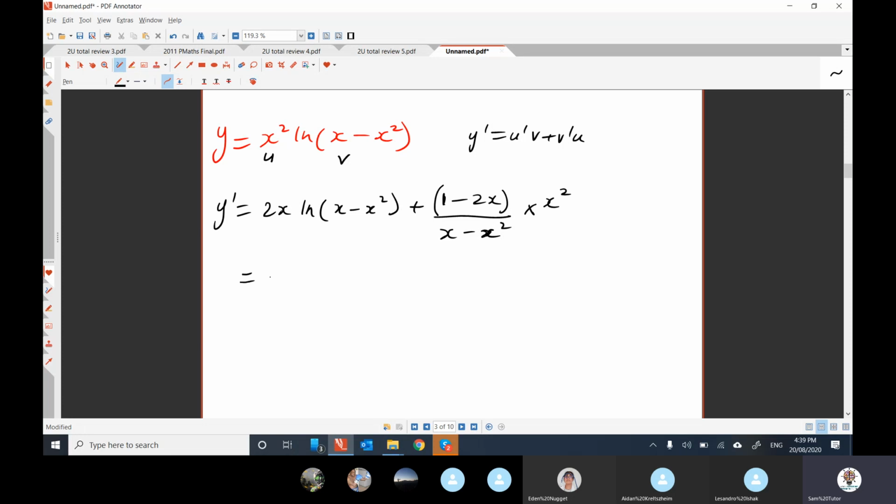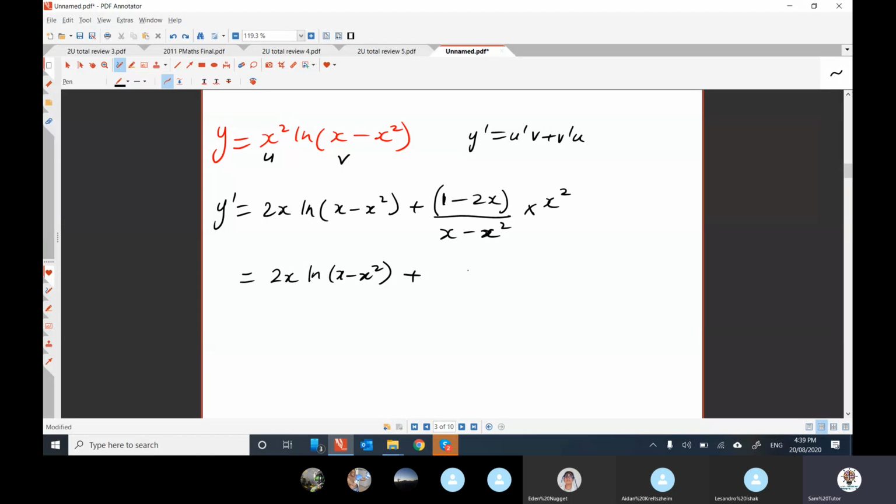So the final answer we're happy with is literally 2x log x minus x squared, x squared minus 2x cubed. No, I lied. Wrong. I'll say why now. You always want to cancel before expanding.